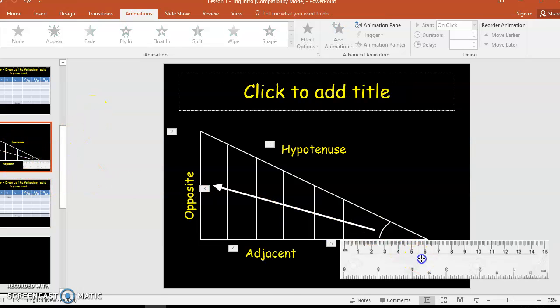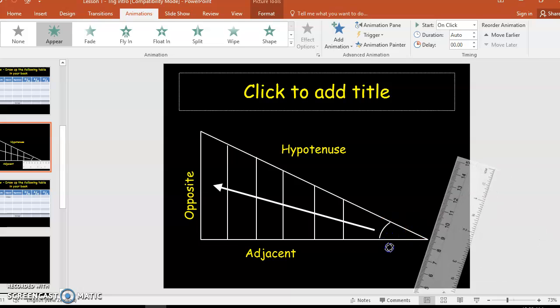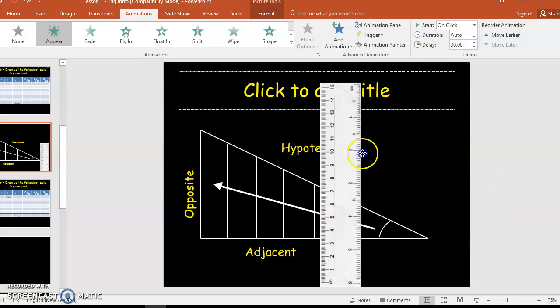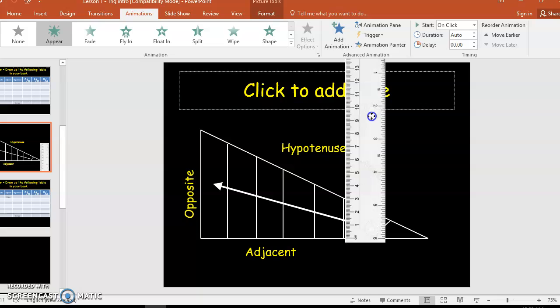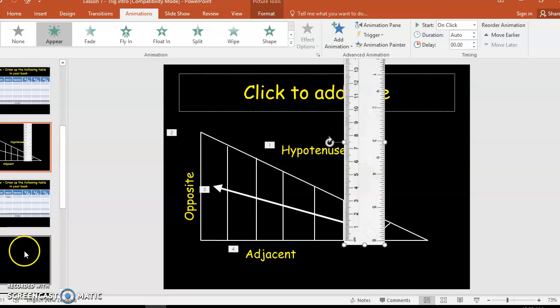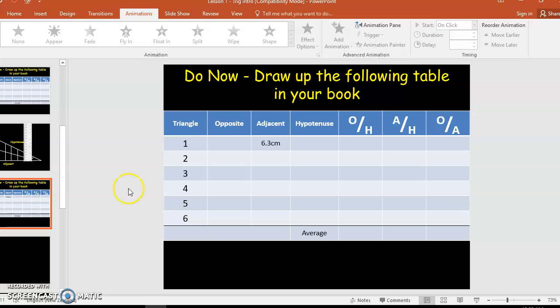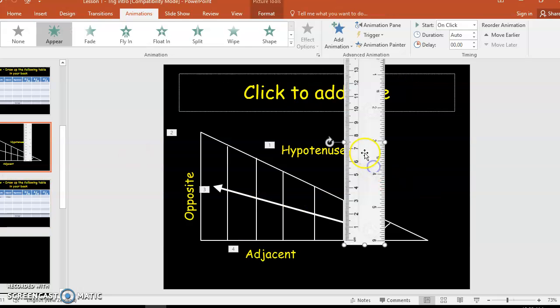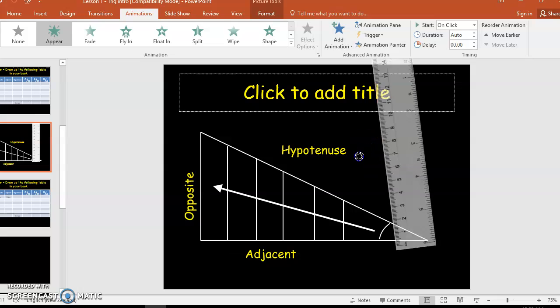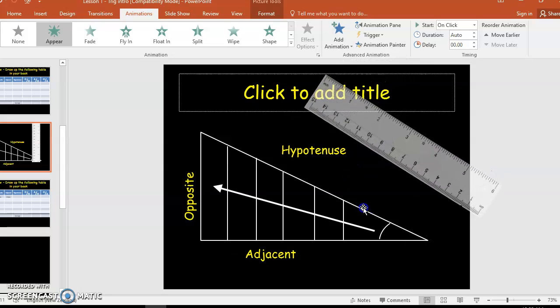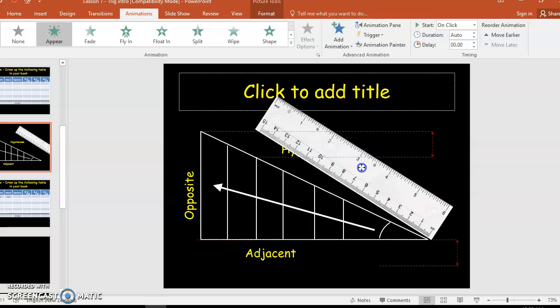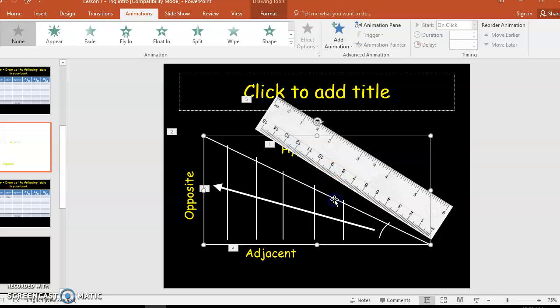Alright, then I would rotate my ruler around, and I'd measure my opposite, and I get about 3. You can measure more accurately than I am. It's hard to move that thing. So opposite is 3 centimeters. I've got another side, and we just have to take our time.